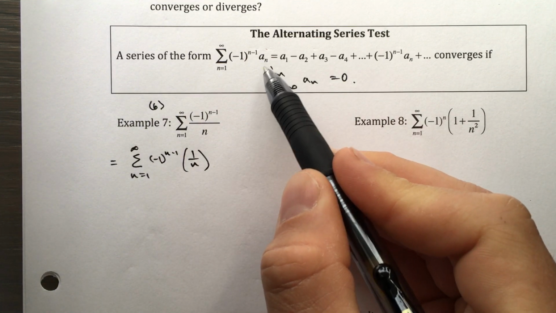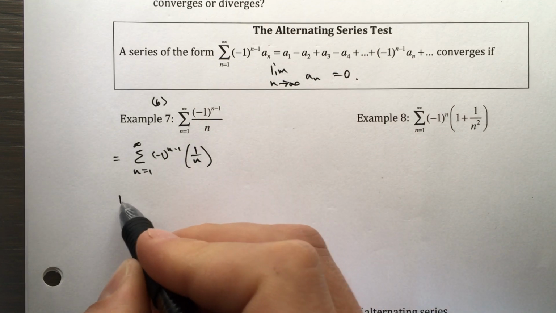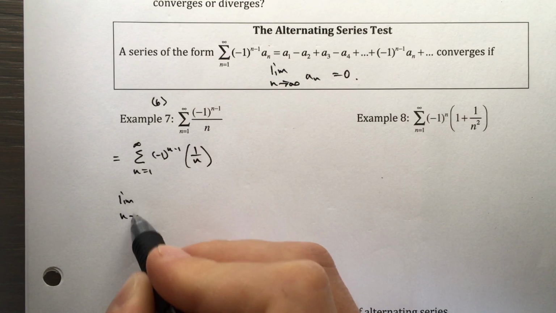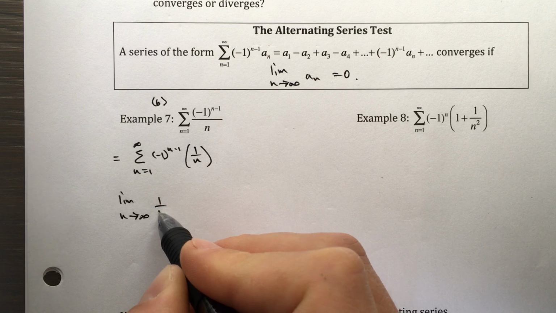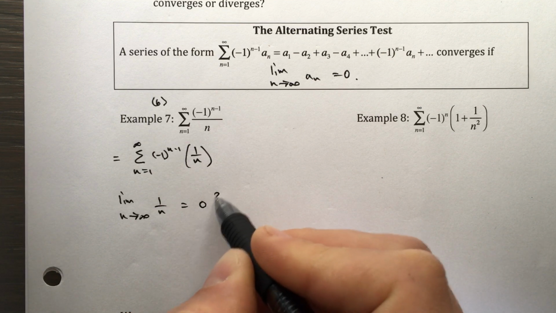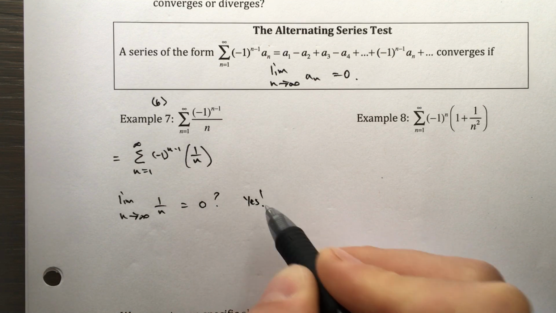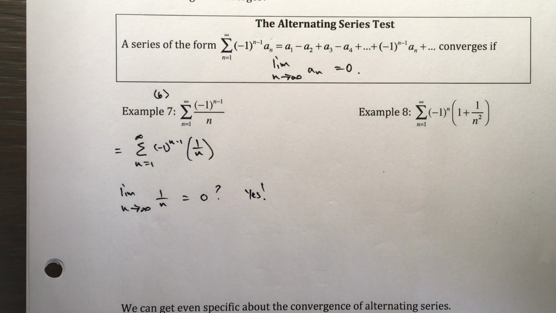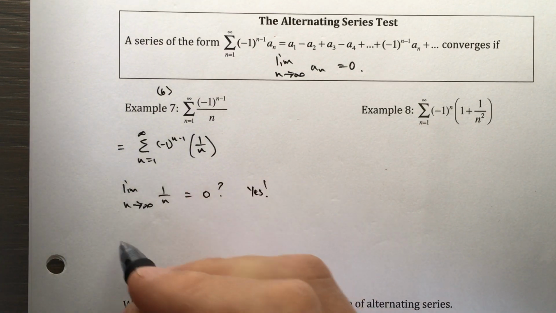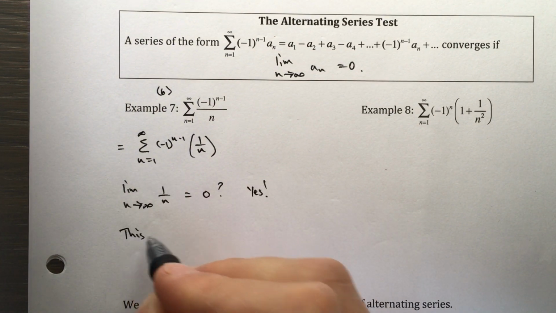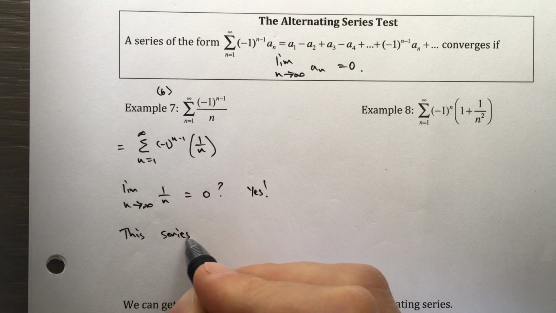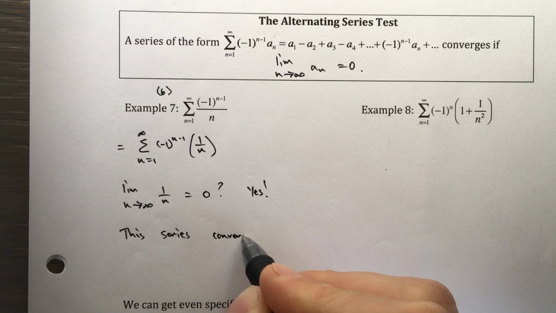So in this case, the a sub n is 1 over n. So I need to check to see, does the limit as n approaches infinity of 1 over n equal 0? Yes. It definitely equals 0. And so I know that this series converges.